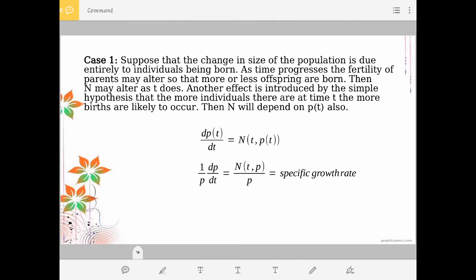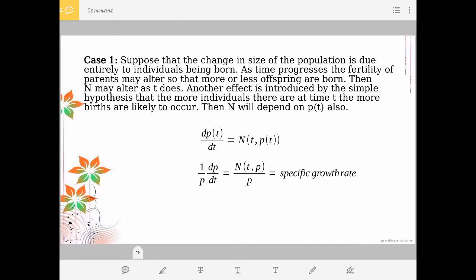So N changes over time, because we define N as one of the factors affecting your population growth. Another effect is introduced by the simple hypothesis that the more individuals there are at that time t, the more births are likely to occur. Of course, if there are more parents, there are more offspring.